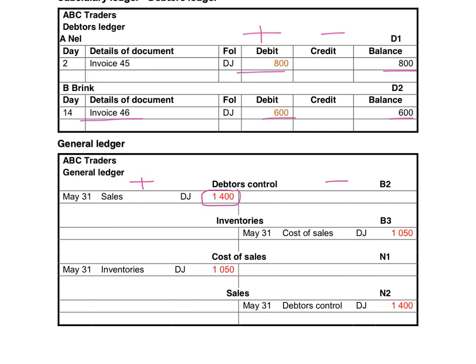The account that I have to credit is sales, so the word that I will write in there will be sales, so that I can see immediately that I will have to go to the sales account on the credit side to find the double entry of 1,400 there. And in the sales account, I will write the word debtors control so that I can show that this figure is on the debit side of the debtors control account.